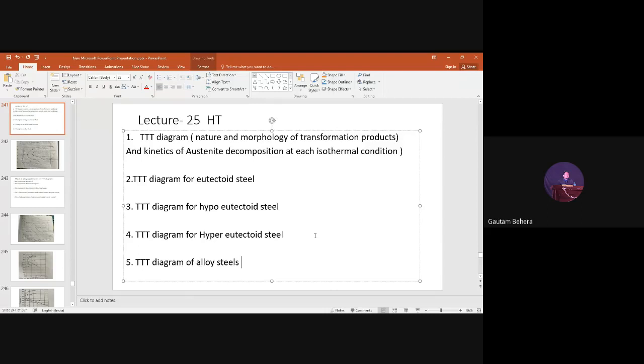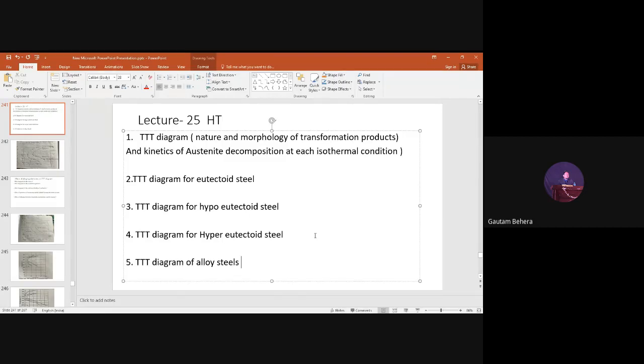And finally, we reached another conclusion: if we want to know the nature and the morphology of the transformation product, then temperature is also important. We need a plot where we can have three things: temperature, time, and transformation. Or we can have two axes, one for temperature and the other for time.